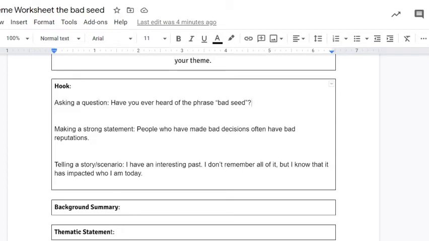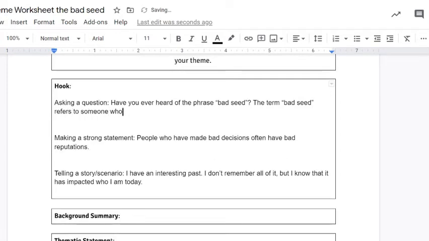The downside to this is when you ask the question, you probably should mention the question and maybe the answer. So I could say something after this, like a bad seed is this, or something along the lines of that. I do need to explain the question and why I kind of stated it. So the answer, the term bad seed refers to someone who hasn't made the best decisions.